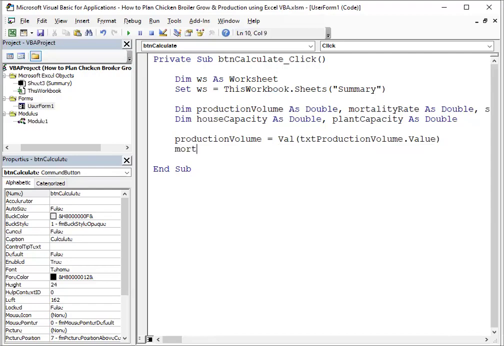Mortality rate equals value, text mortality rate, text box mortality rate.